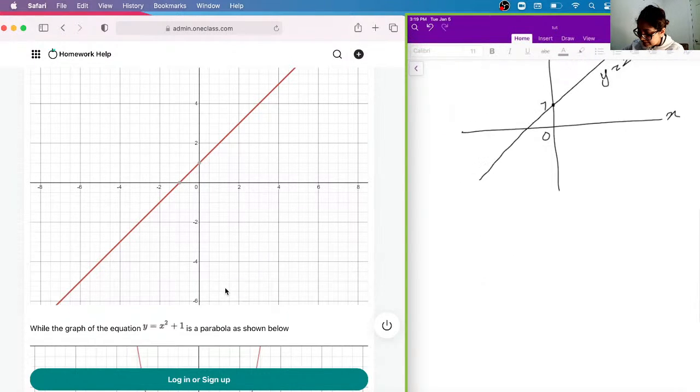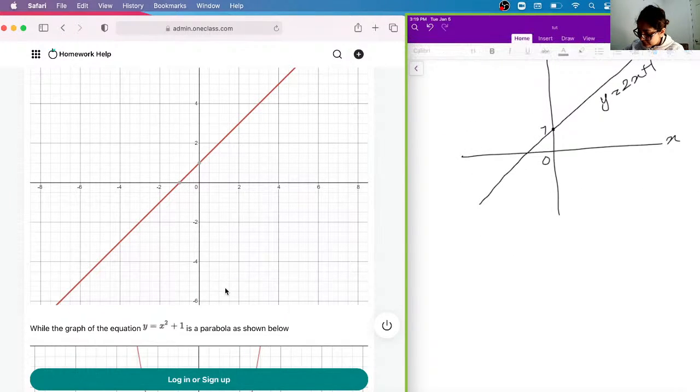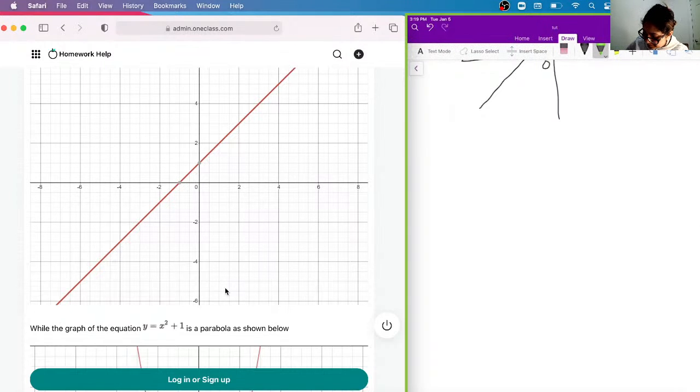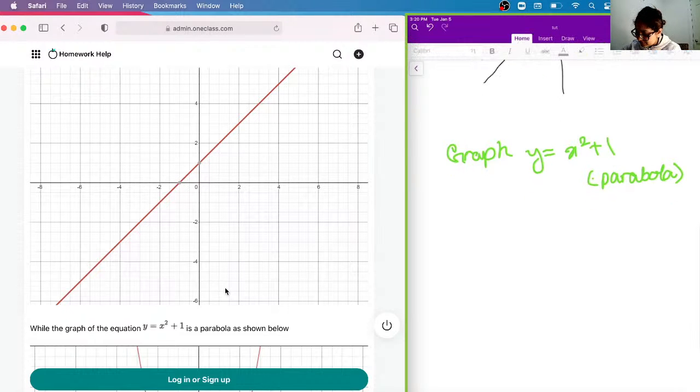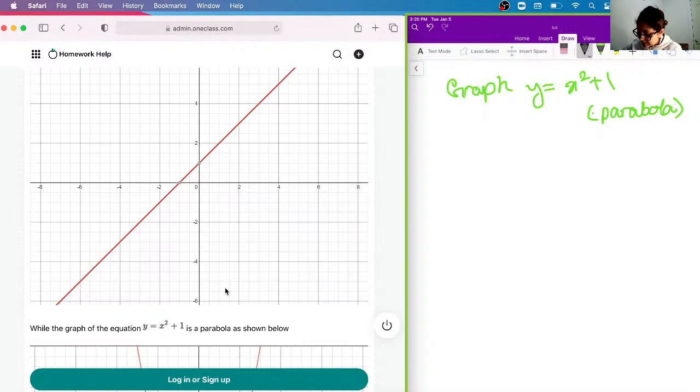And if you say graph y equals x squared plus 1, this is a parabola. Right? And this is not going to be linear. This is not going to be a straight line. It will be something like this.